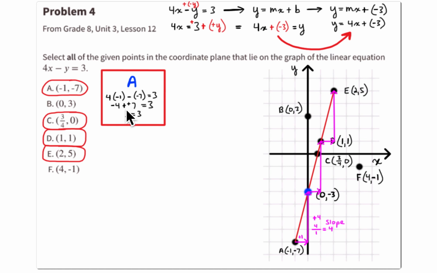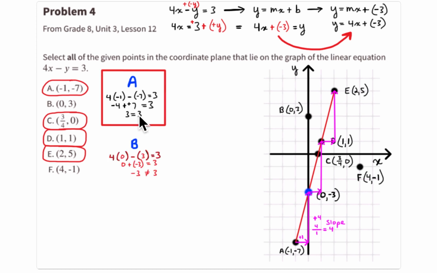So the inverse operation, the additive inverse, is a -4 plus a +7, and that equals 3. So 7 minus 4, you find the difference of the absolute values. 7 minus 4 is 3, and there are more positives, so this ends up being a +3 right here. So 3 equals 3. So A is in fact a solution.